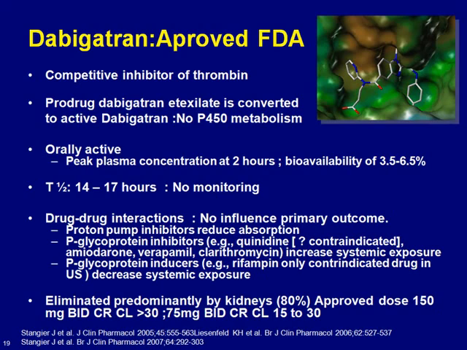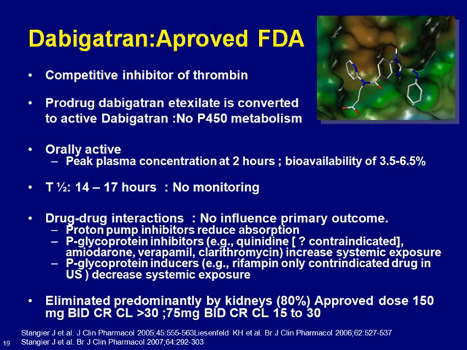The only drug that is contraindicated for use with Dabigatran is Warfarin, which induces P-glycoprotein and results in subtherapeutic levels of the drug. And the final point, which is obviously very important, is that the drug is eliminated predominantly by the kidney, 80%.